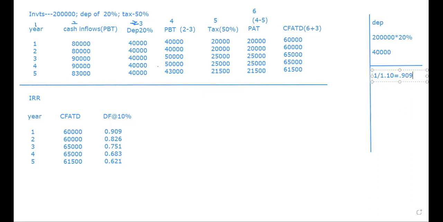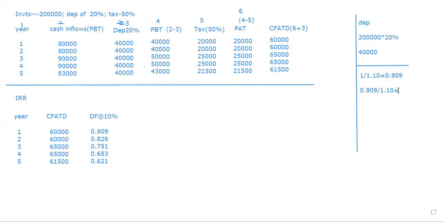Okay, fine. Now I want to apply it for the next year. So how am I going to apply it? I take the same, but this time 0.909 divided by 1.10, and then we will get the answer 0.826. This is the trick you are going to use.